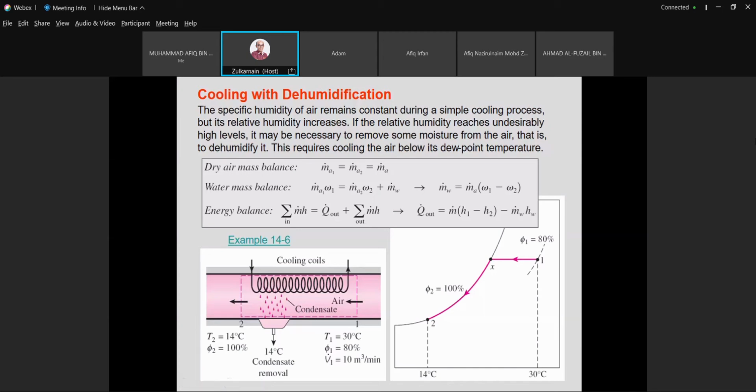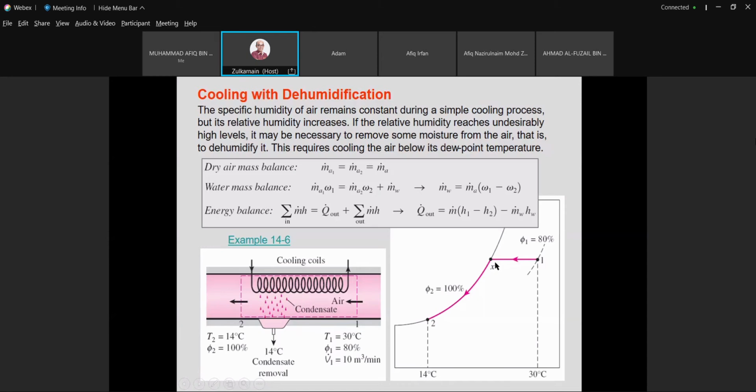Then if we bring the temperature lower than this dew point temperature, or the saturated temperature, what happens? We are going to have condensate. Please remember, we are going to cool down to 14 degrees C. So the process 1 to X, this point X, is at the saturation temperature.